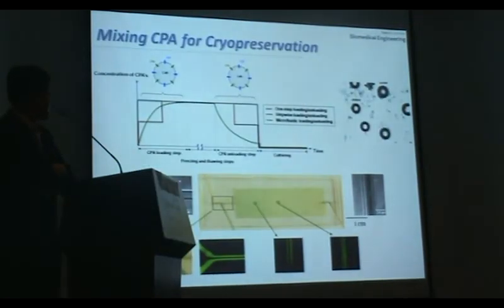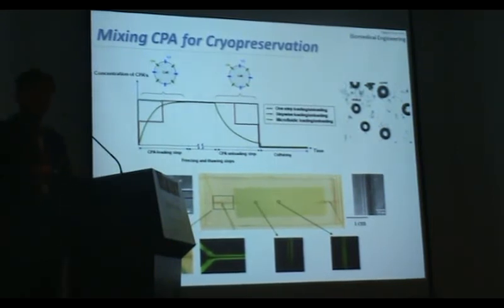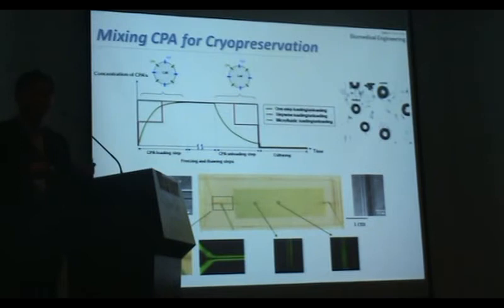And also, we use a microfluidic chip to mix the cells and some liquid without any osmotic shock. I needed some tools to mix the cells and the sugars to freeze the cells.